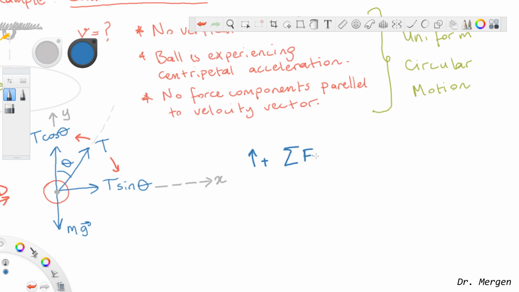So the total sum of the forces in the vertical direction is equal to T times cosine theta minus m times g. Since there's no motion in the vertical axis, this equation should be equal to 0. Let's name this equation number 1.